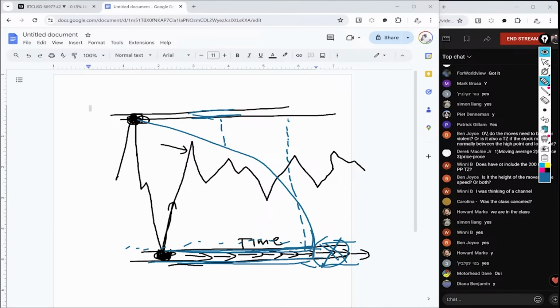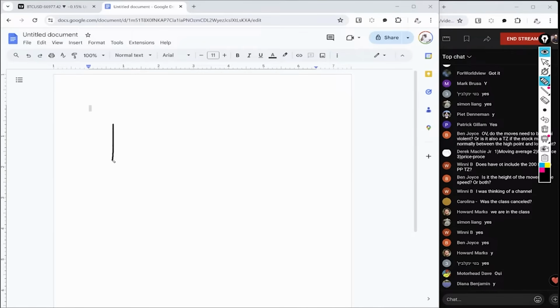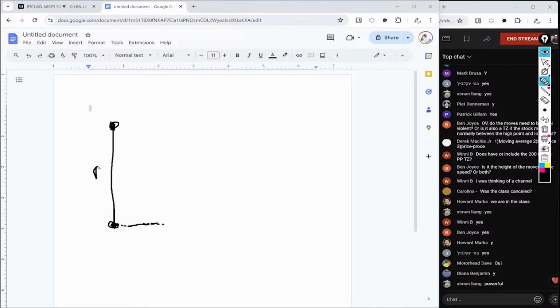All right. So think of it like this. Here's your price axis. That's the width of your trap zone. Time, this is price, and this is time. Time has to get long enough to be equal.